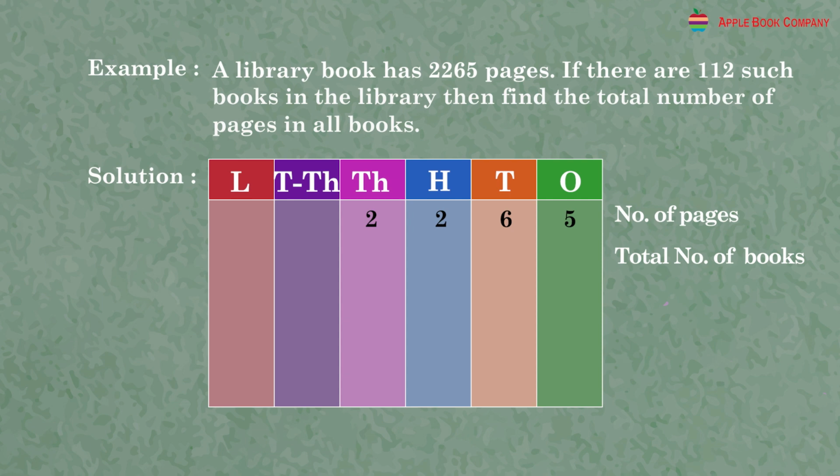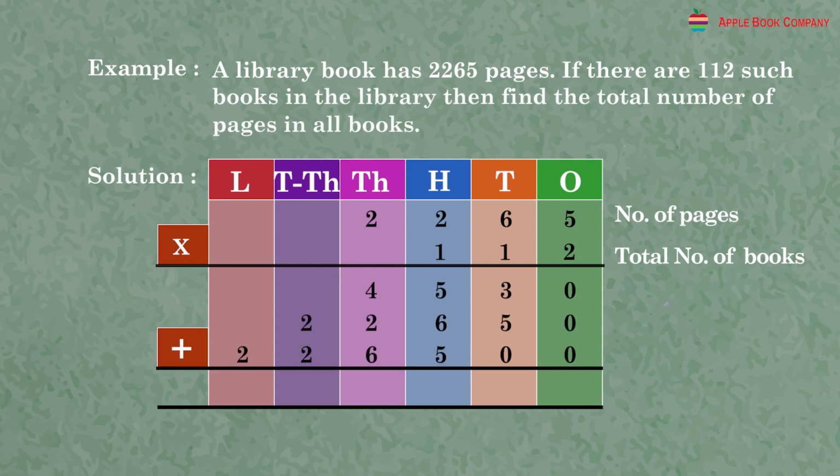Total number of books in the library is 112. Therefore, total number of pages in all the books is equal to 2,265 multiplied by 112. Hence, there are 2,53,680 pages in 112 books.